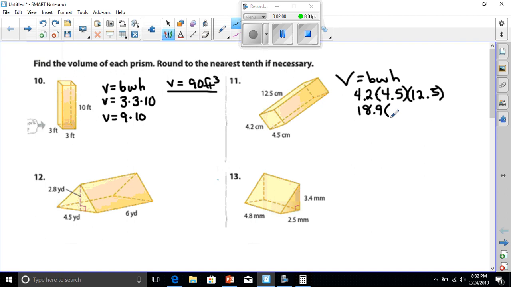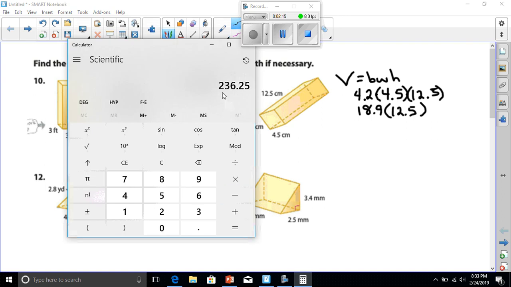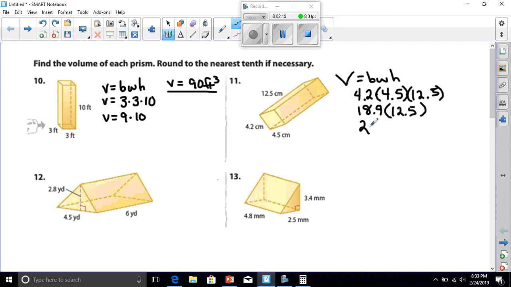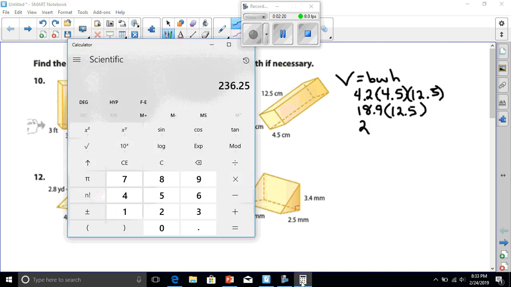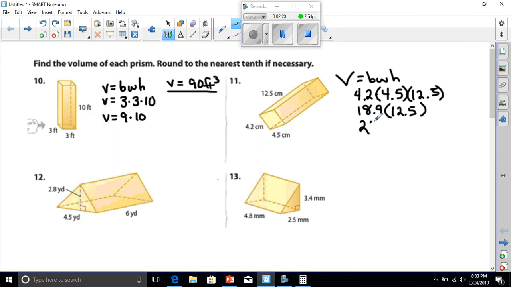Now we have 18.9 times 12.5. Go back to our calculator and we're going to multiply that by 12.5, and that gives us 236.25.